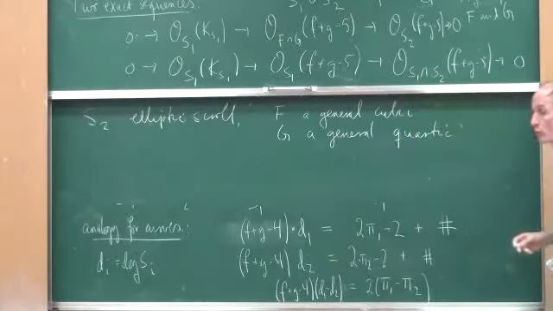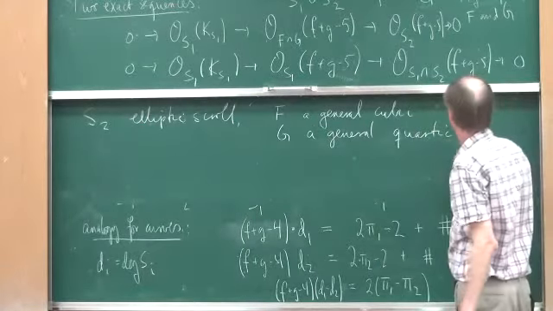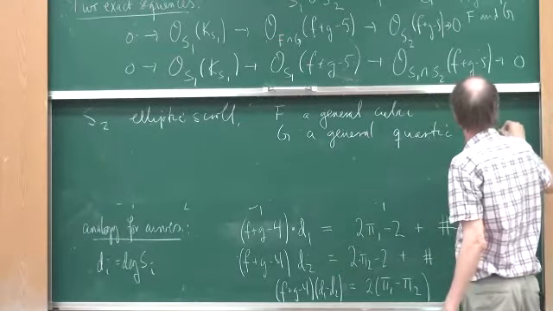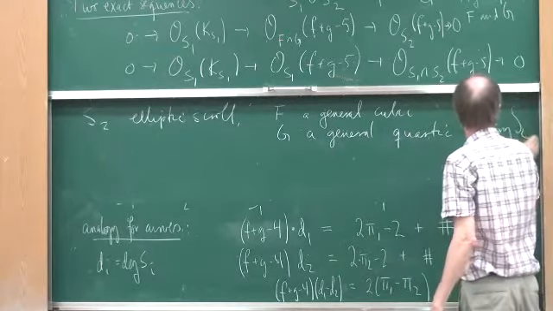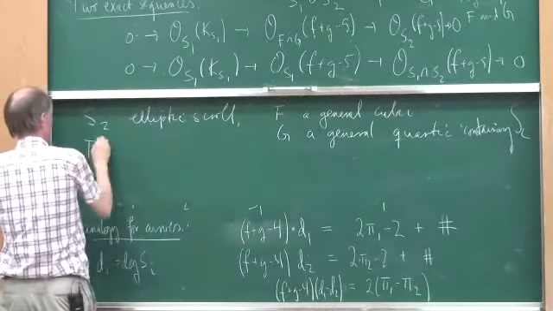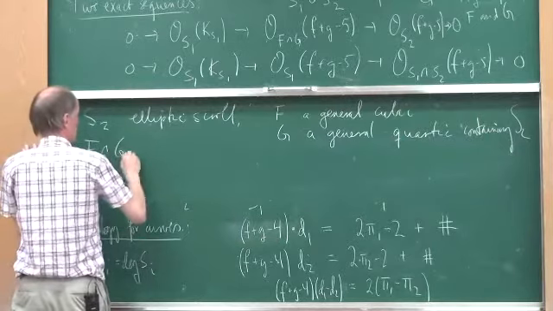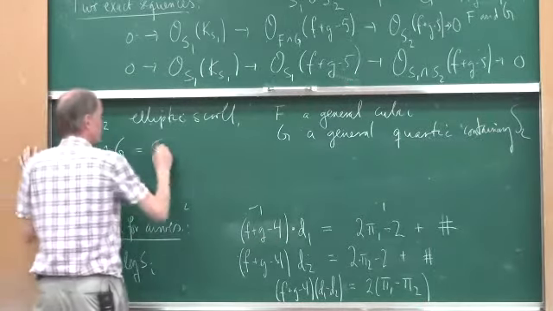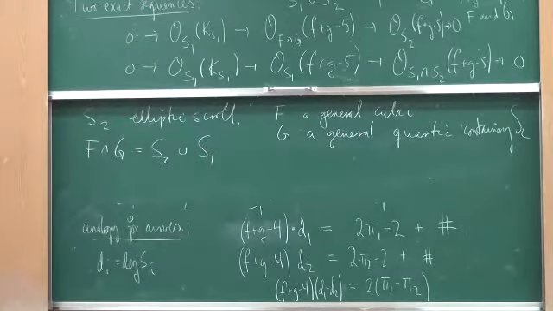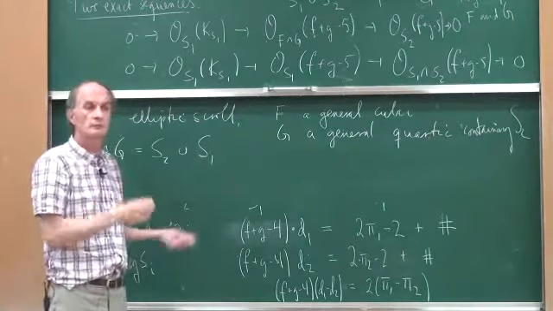General cubic and general quartic containing S2. So this means I said F and G is equal to S2 union some S1. Maybe I should have called this S3 now, but I go back. So I just link.